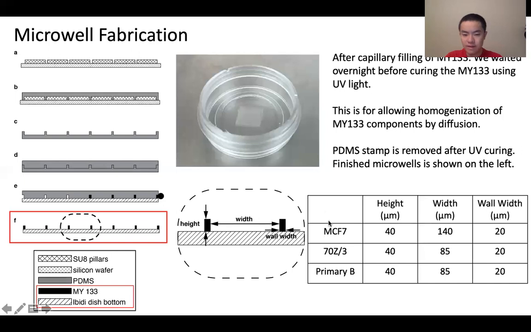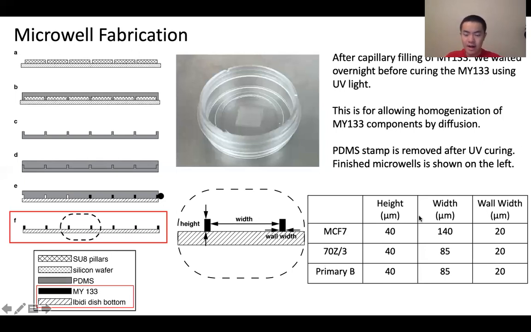We use 3 different cell types. MCF7 is a common cancer cell line, a breast cancer, and it is an adherent cell with rapidly changing morphology. And 70Z3 is a non-adherent cell line. And the primary B cells are really similar to 70Z3, but they are primary cells, not a cell line.